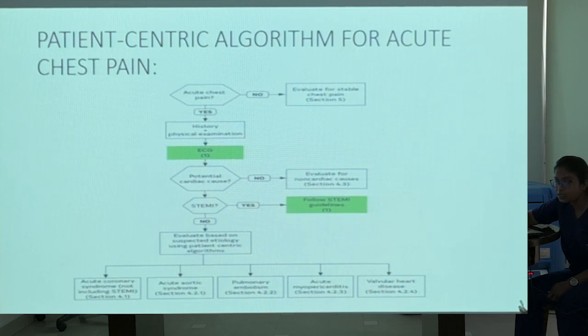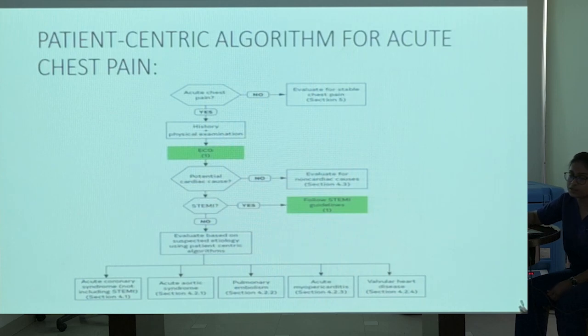Like acute coronary syndrome that doesn't include ST elevation MI, other acute coronary syndrome causes. It can be acute aortic syndrome, pulmonary embolism, acute myopericarditis, or valvular heart disease. So we should be evaluating these causes as per the different patient profiles to decide the next line of treatment as per our protocol.